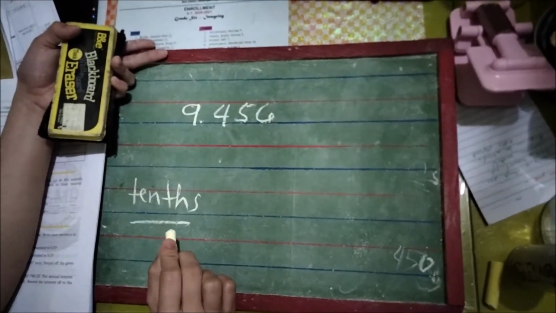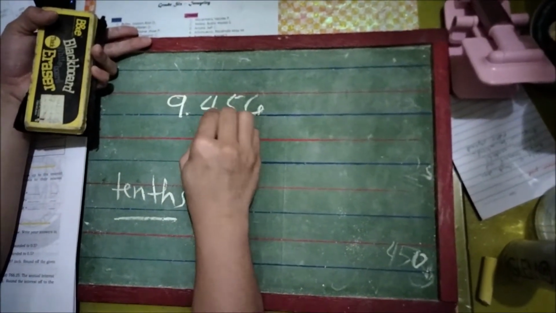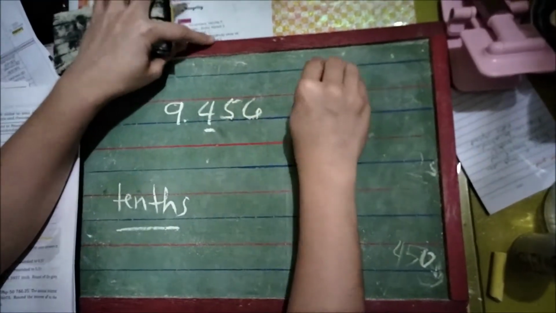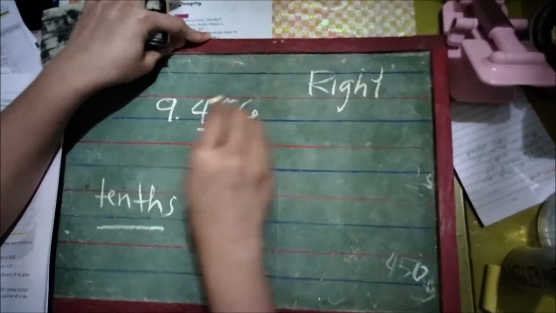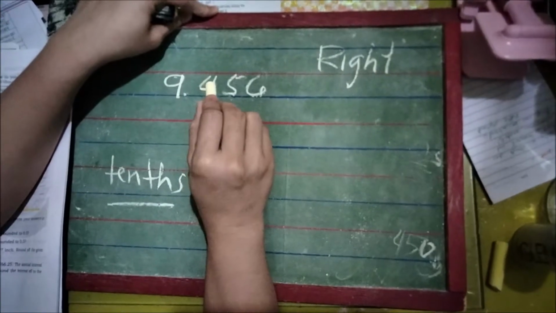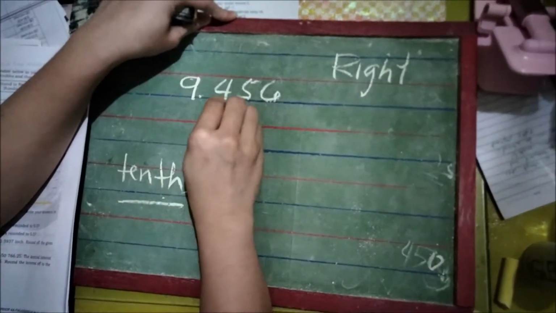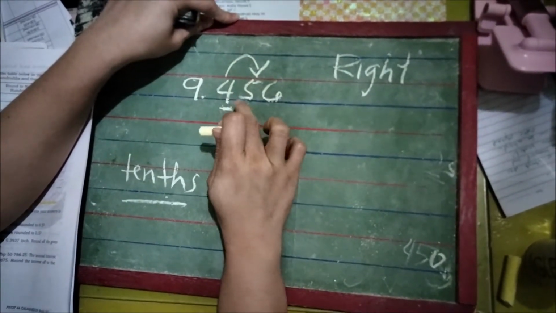You first identify the number in the nearest tenths. That number is 4. The rule is simple: you look at the right of the number to be rounded off. The number to be rounded off is in the tenths place, and that number is 4. We look at the right, and the right is 5.